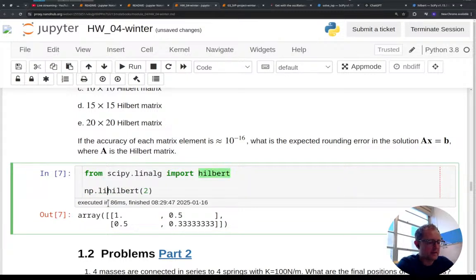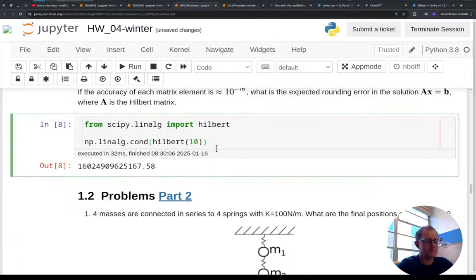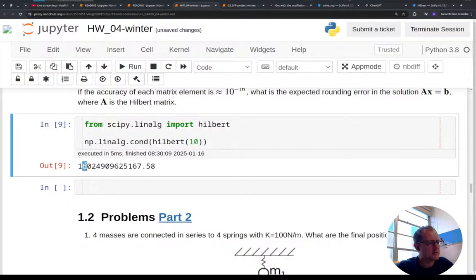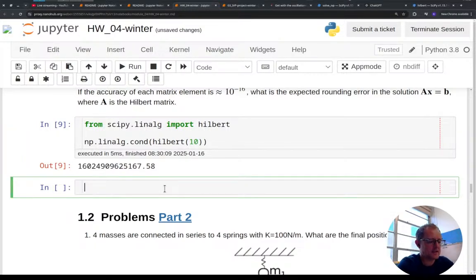The one thing that I noticed that came up a little bit was that if I want the 10 by 10 condition number, so here's 1,000, 1,000,000. So 1, 2, 3, 4, 5, 6, 7, 8, 9, 10, 11, 12, 13. So the condition number is roughly 10 to the 13.